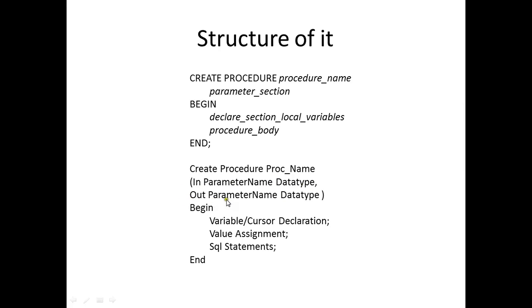An out parameter is the parameter that would send values from the stored procedure to the application, wherever you want to use them. So that's a parameter name. And you've got begin. The declaration part can have variable or cursor declarations. After that, you can have value assignment to those variables, then the logic, and then the SQL statements.